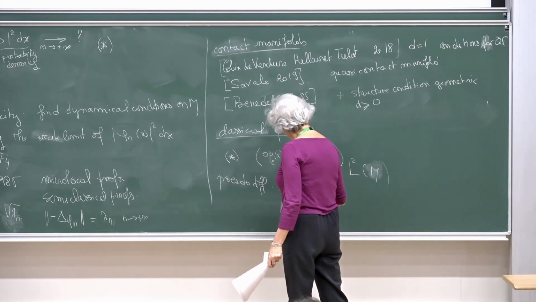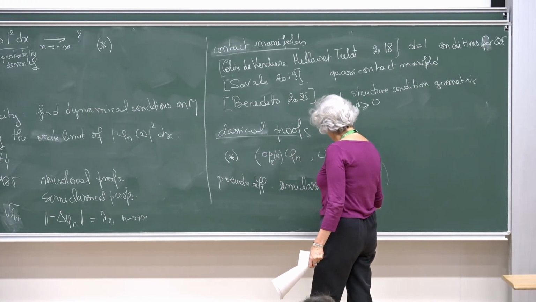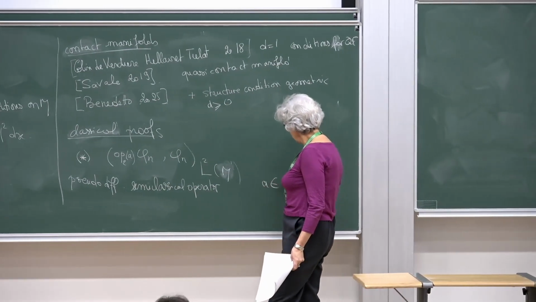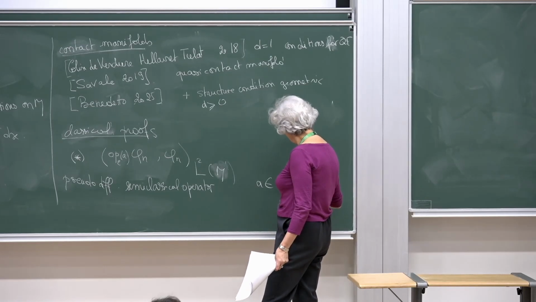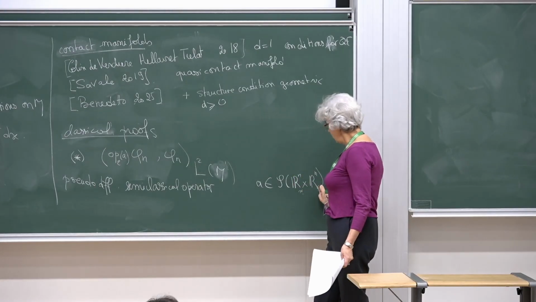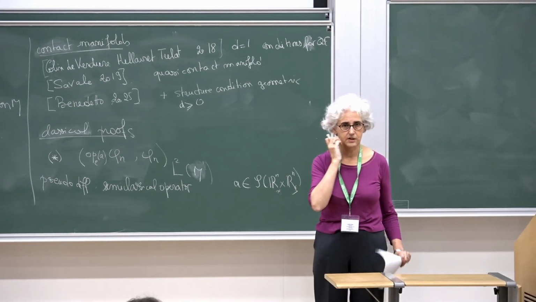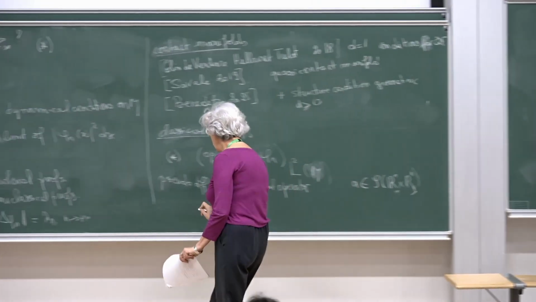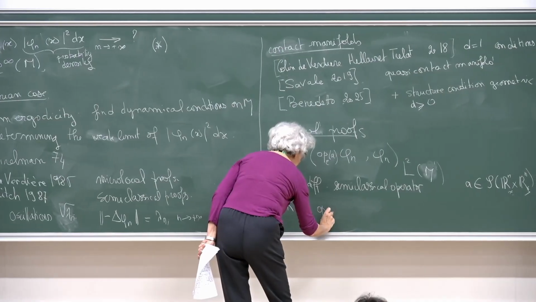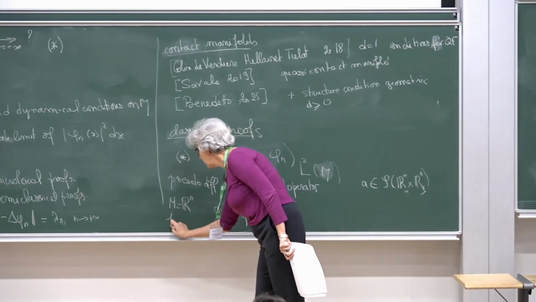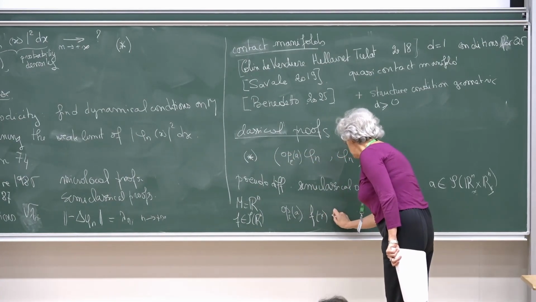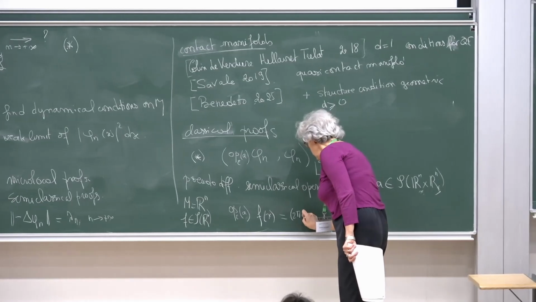Your a is now a function in two variables, R^n times R^n, because I'm going to look at the position and the impulsion simultaneously, in terms of quantum mechanics. In R^n, when I apply my operator to a smooth Schwartz function, to avoid any problems, it does the following.